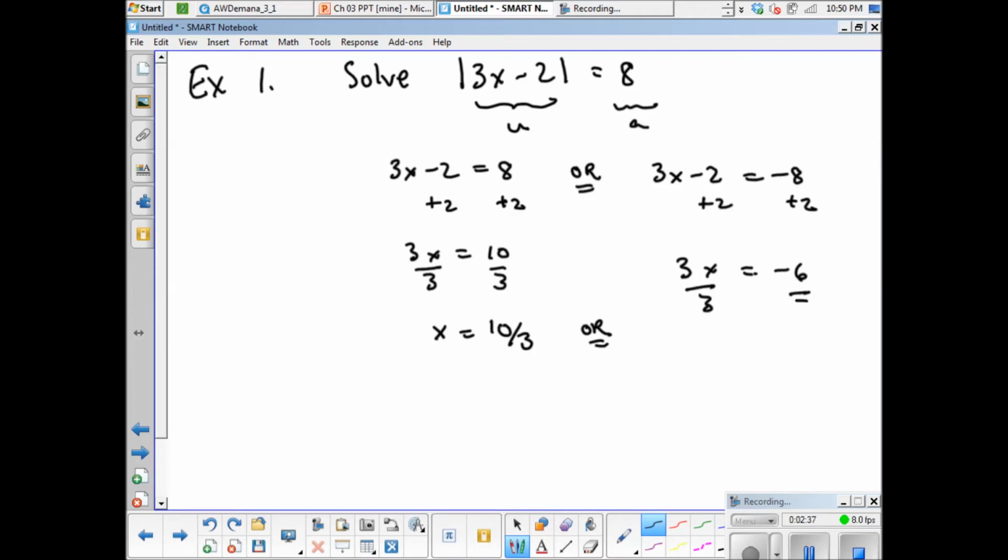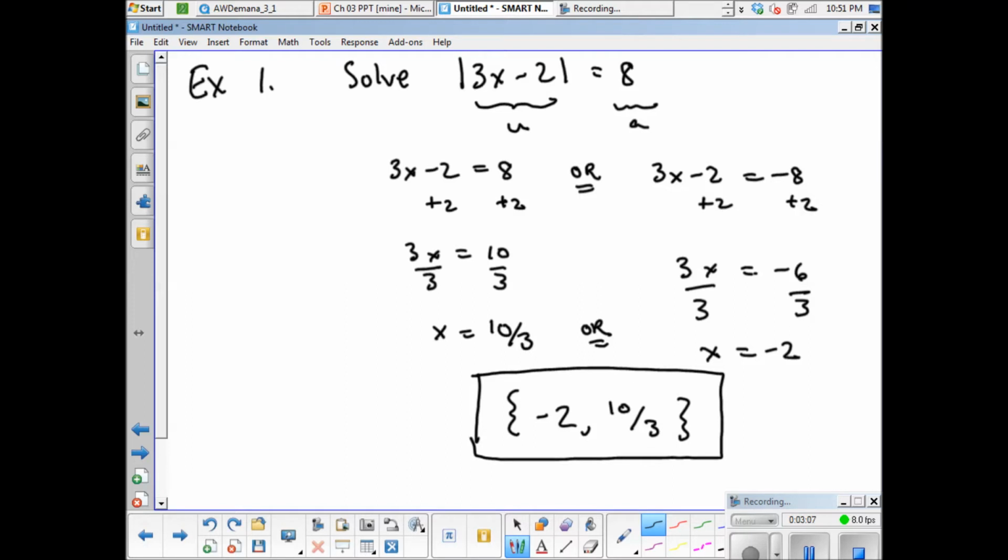And dividing by 3, sorry about that, gives us x equals -2. Okay, so our answers are, if we put it in set notation, -2 and 10/3. Okay, let's look at another example.